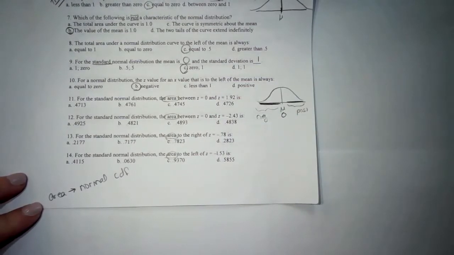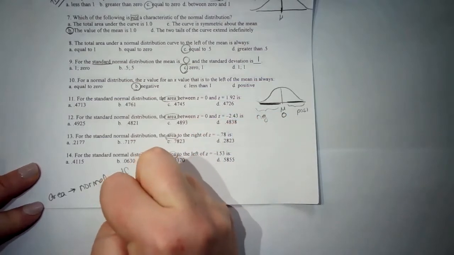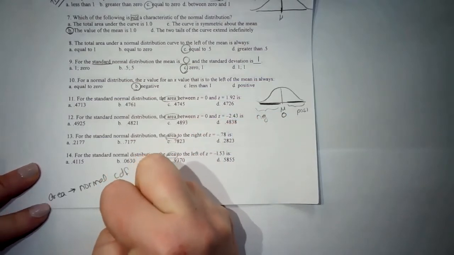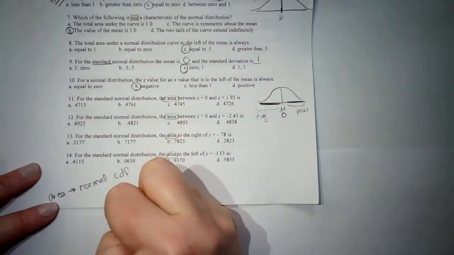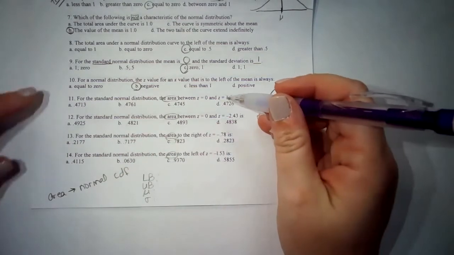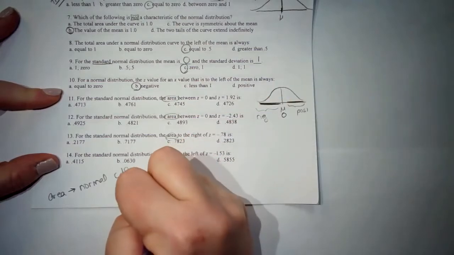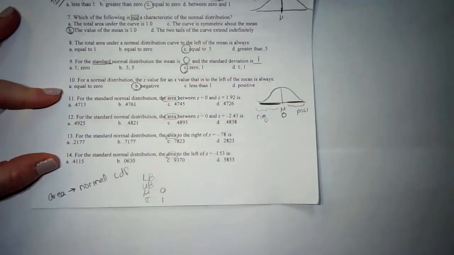For normal CDF, you're going to need a lower bound, an upper bound, a mean, and a standard deviation. Now 11 through 14 all talk about Z's. That means my mean and my standard deviation are 0 and 1. So all you have to come up with is the lower bound and the upper bound for every single one.